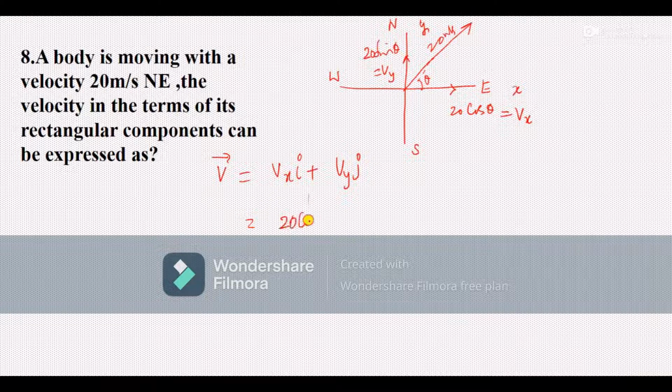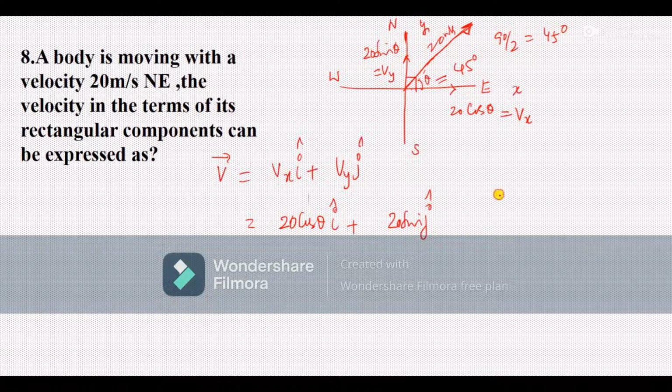We know the component vector is like, suppose the velocity is v, we write it down as vxi plus vyj. So here vx is equal to 20 cos theta and vy is equal to 20 sin theta. In order to find theta, theta is exactly making an angle of 45 degrees between north and east, because the northeast direction is half of both; north and east have 90 degrees, and half of 90 degrees is equal to 45 degrees.